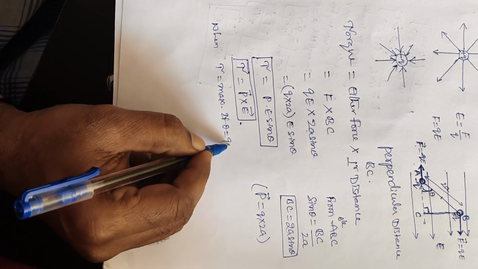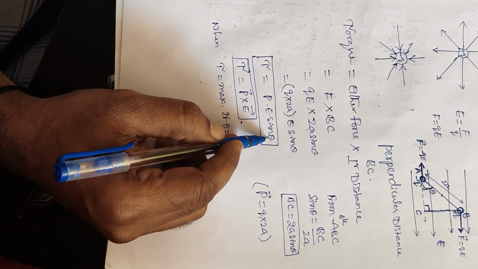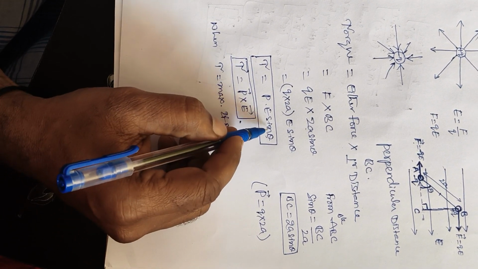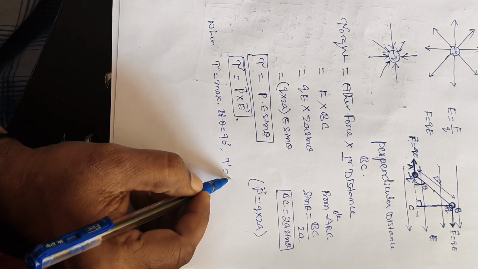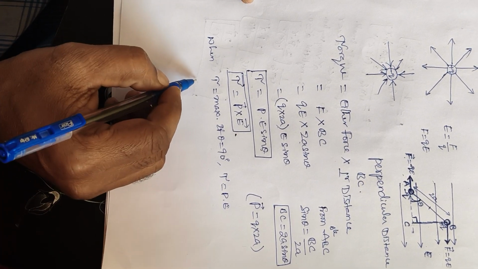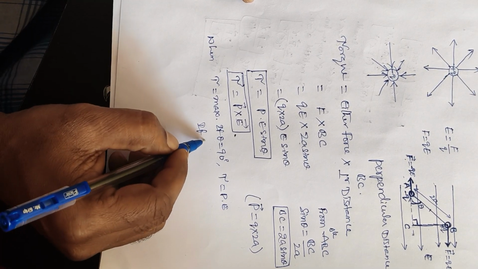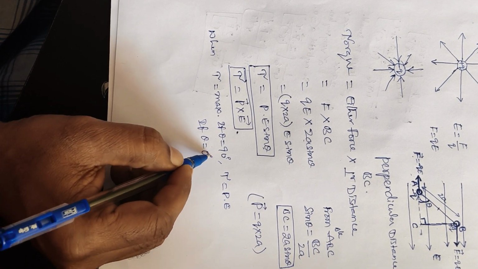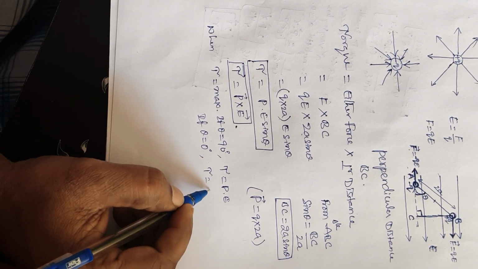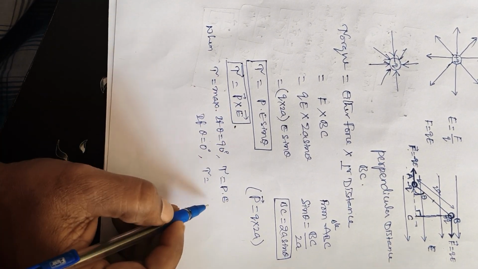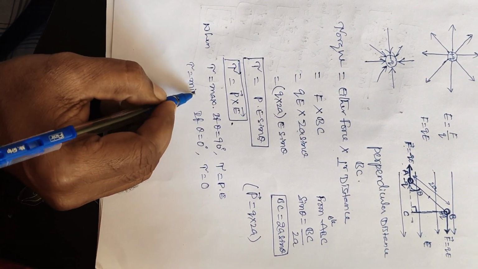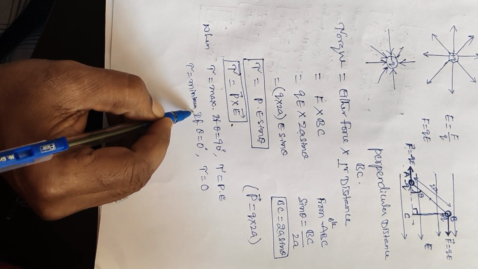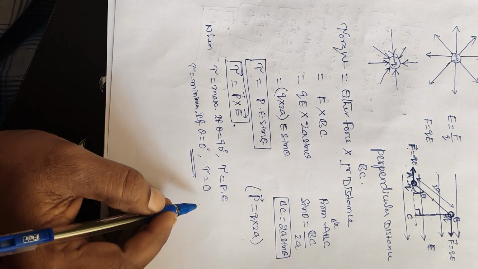If theta is equal to 90 degrees, sin 90 is 1, so tau is equal to pE, the maximum. If theta is equal to 0 degrees, sin 0 is 0, so tau is 0, the minimum.